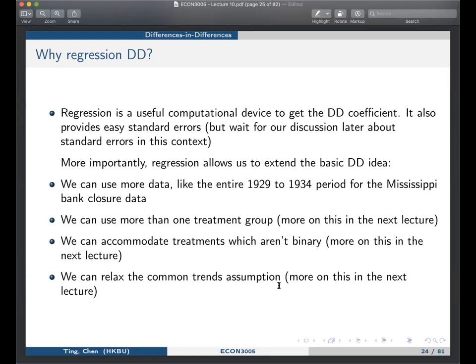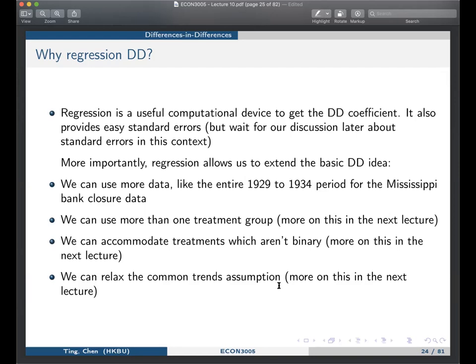So in the regression framework, we can easily extend this, so that for the treatment variable, we can change that into maybe the change of the lending rate instead of just a dummy variable as the key regressor. Eventually, remember we said that the DD estimate relies on a common trend assumption.